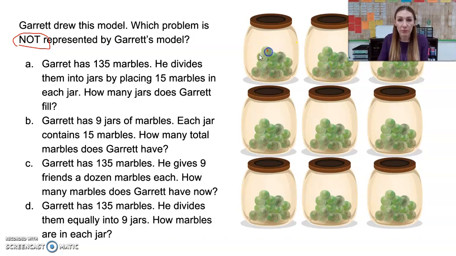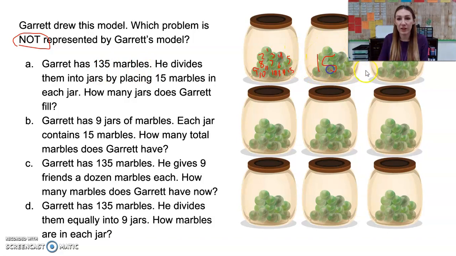So I should have 1, 2, 3, 4, 5, 6, 7, 8, 9, 10, 11, 12, 13, 14, 15 marbles in each jar, and he has 135 marbles.